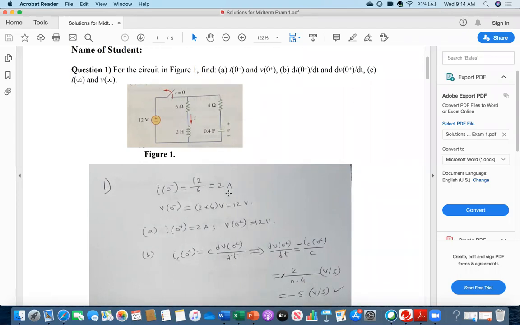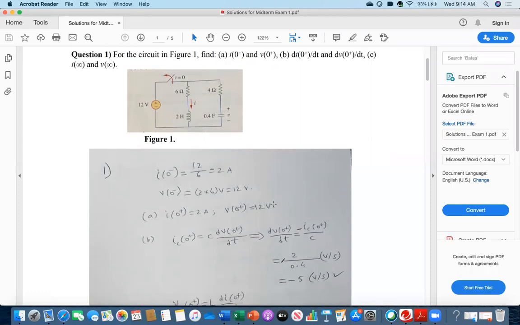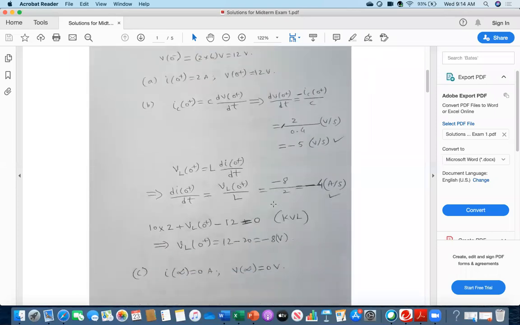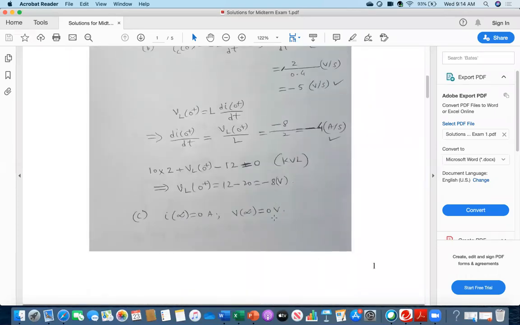Therefore the first answer, I0 plus and V0 plus, is 2 ampere and 12 volt. I think everybody understands this one. And at the last part, I infinity and V infinity will both be 0 ampere and 0 volt.